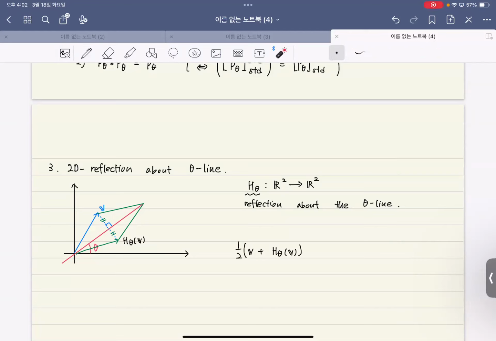This vector has another name: it is P theta of V, the projection of this vector onto the data line.